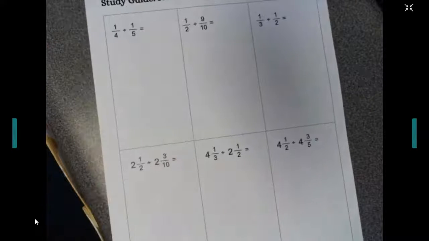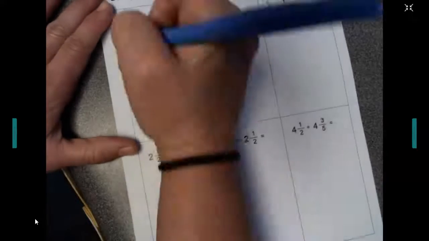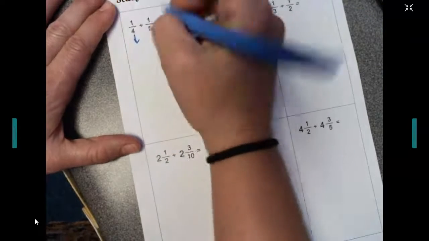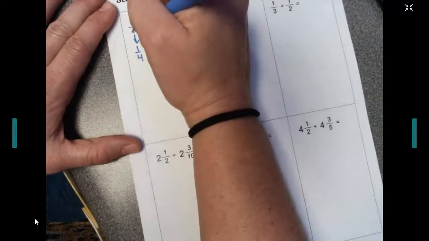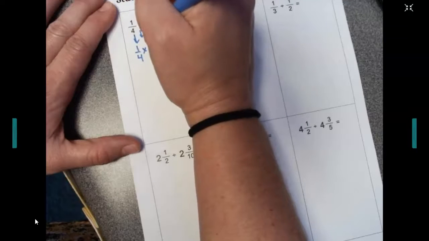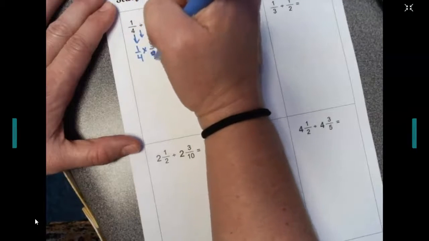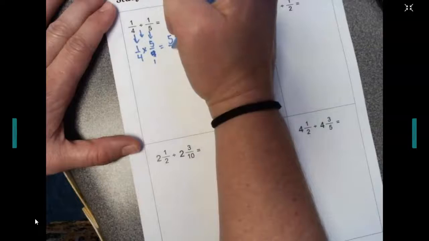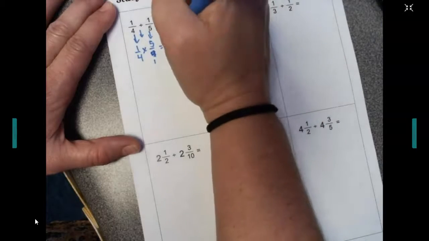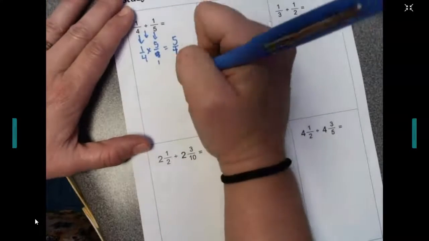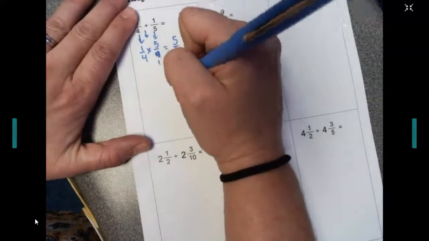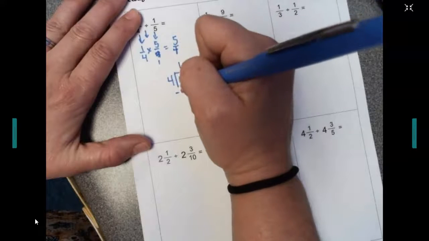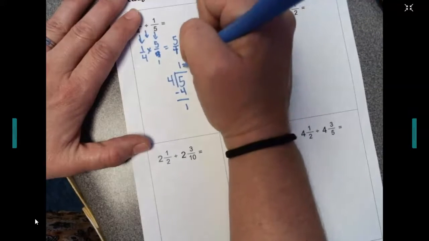Last page. Keep, change, flip. That's a 1, sorry. We get 5 over 1, not 1, 4. Let me slow down. 5 over 4. We're going to divide it. 4 goes into 5 once, so I get 1 and 1/4.